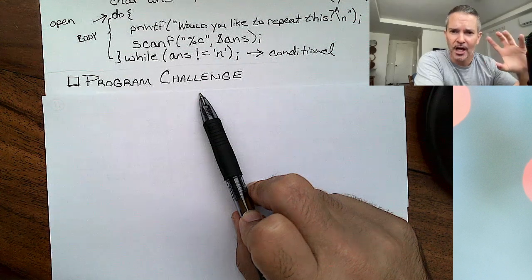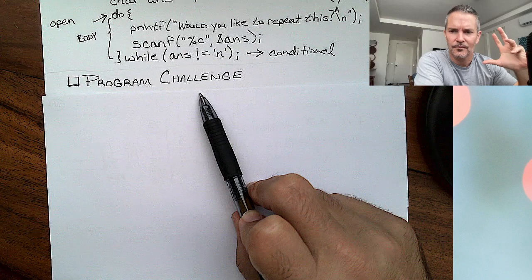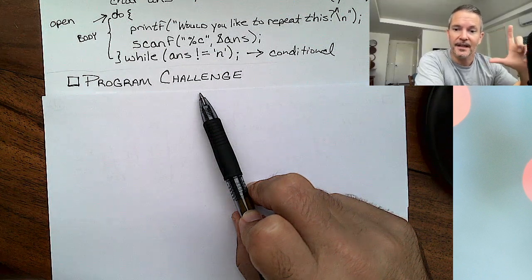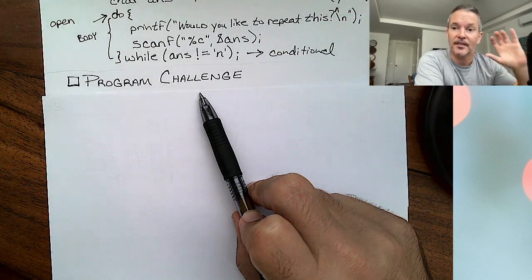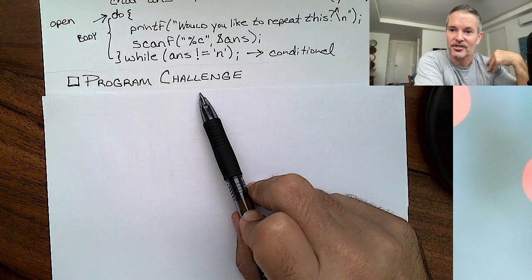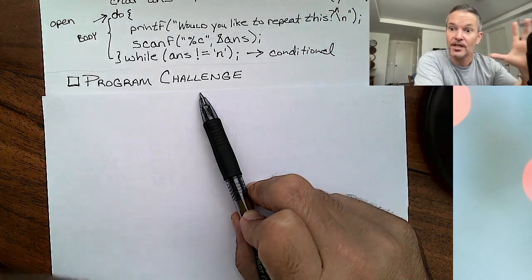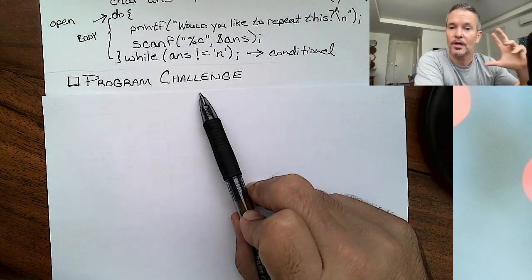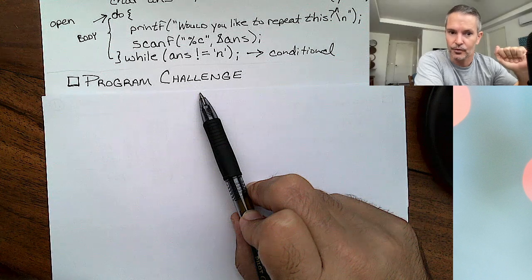Just try, struggle with it a little bit, get stuck. Maybe you'll solve it, maybe you won't, but give it a good try. Then, if you look at the program 07 Challenge, you'll see a working example of how to solve the program so you can figure out what you did wrong.